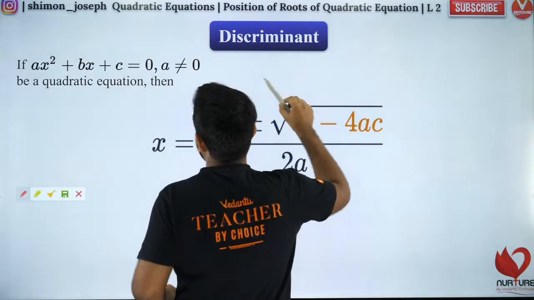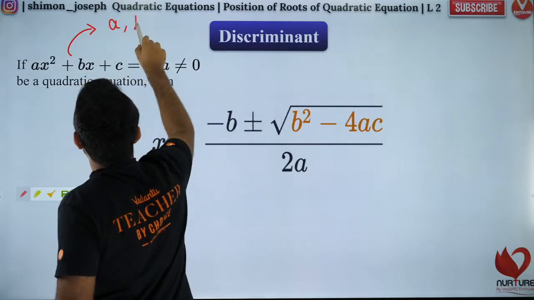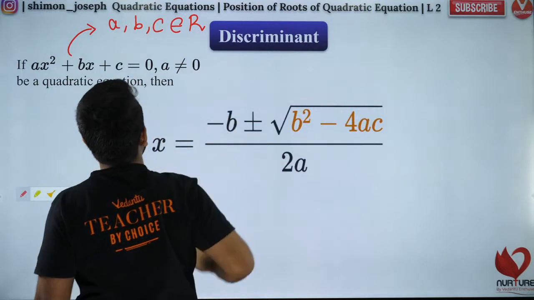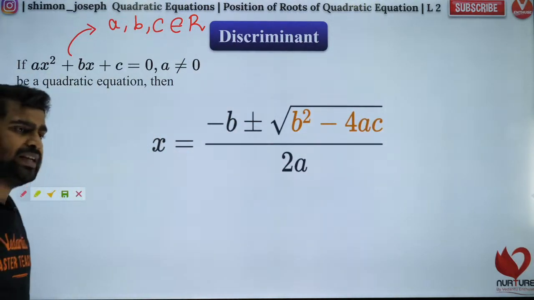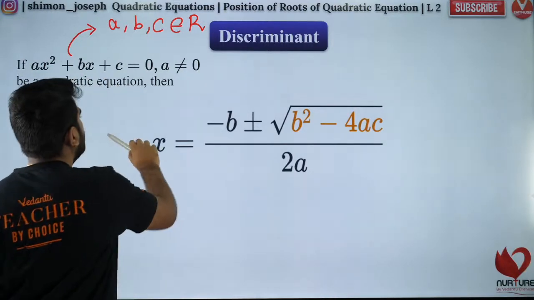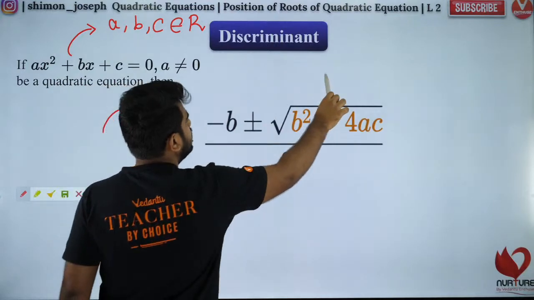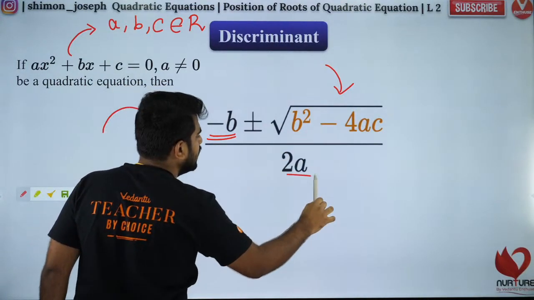So people, what do you mean by a real quadratic equation? A real quadratic equation means a, b, c all belong to real numbers. That is called a real quadratic polynomial. Are you all cool with it? Now, if your root has to be real, then this square root has to be defined, because anyway the rest is a real number.